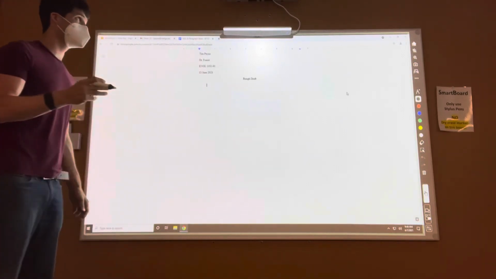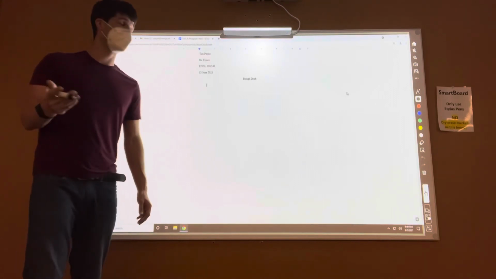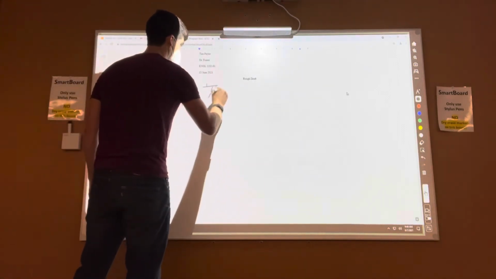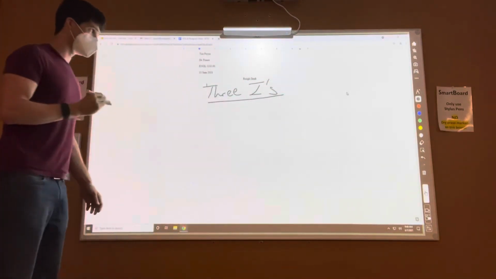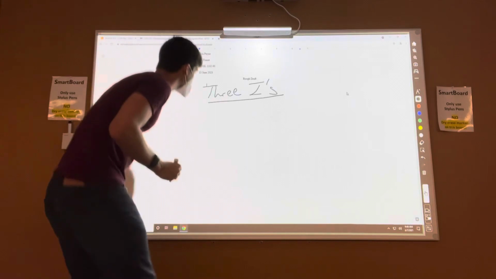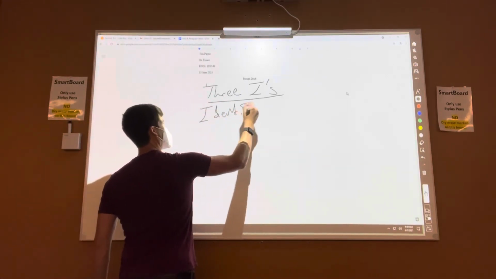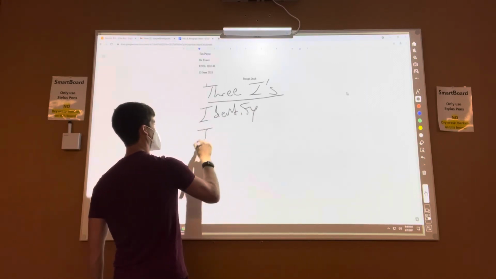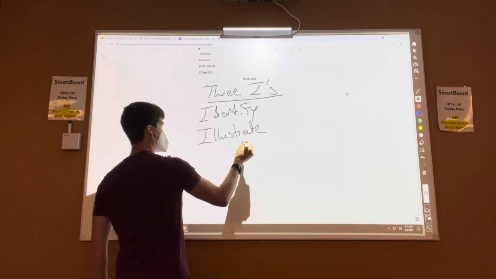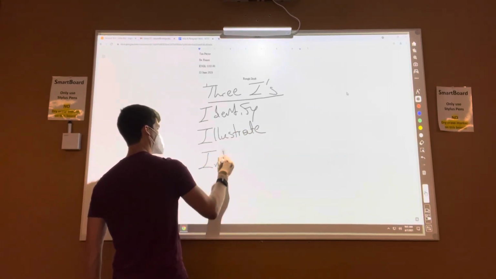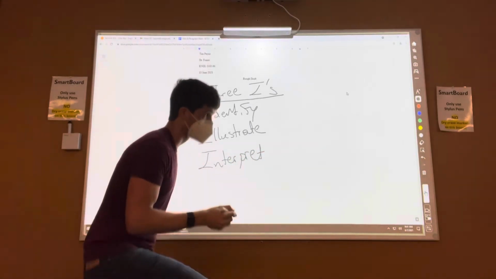There are different sorts of nomenclatures you can use, you can be taught, okay? I was always taught the 3 I's, okay? And they are identify, illustrate, and interpret.